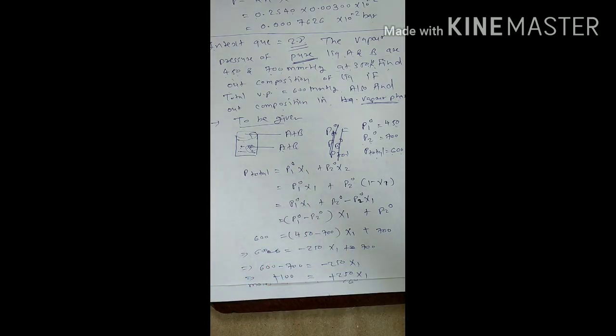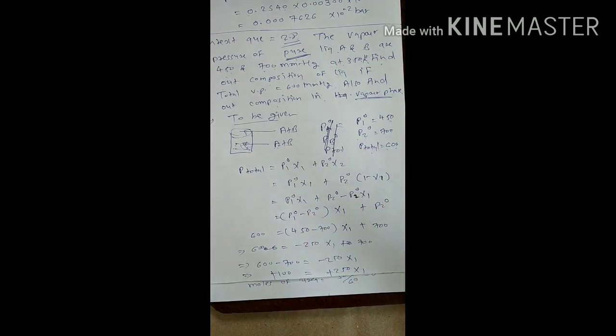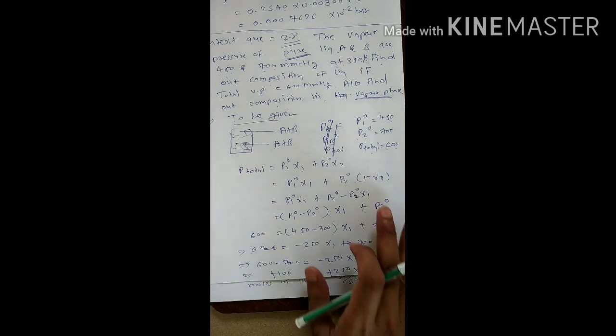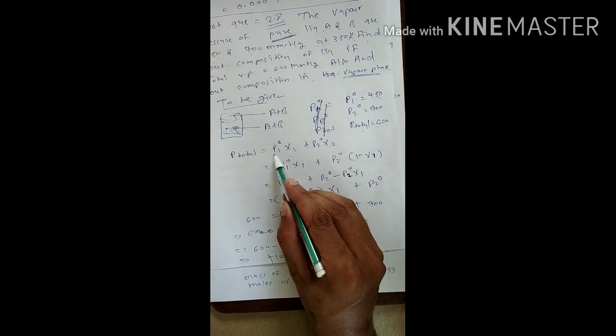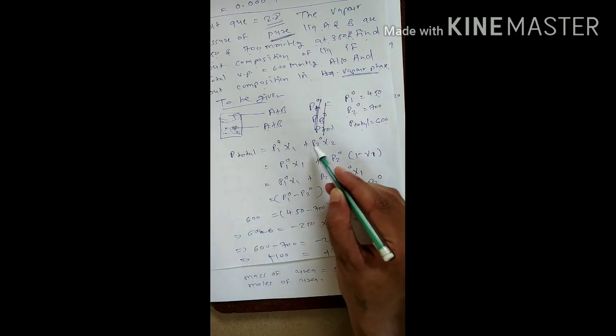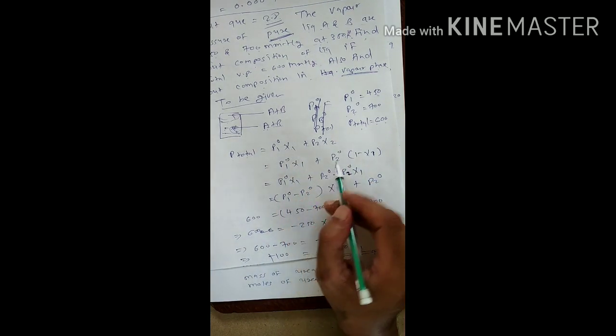Okay, so here both are liquid, so both are volatile. So we are going to use Raoult's law for volatile solute and volatile solvent. What was the equation? The equation was like this: P total is equal to P1⁰ x1 plus P2⁰ x2.